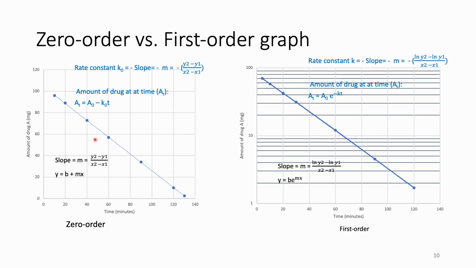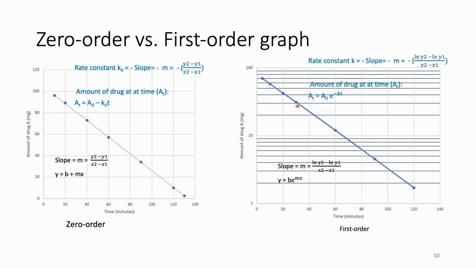So in this case, you take the logarithm of the y-axis and keep the coordinate for the x-axis. The line that you get will turn into a straight line like this. And that's when the drug follows first order elimination kinetics, or just briefly, the drug follows first order kinetics.